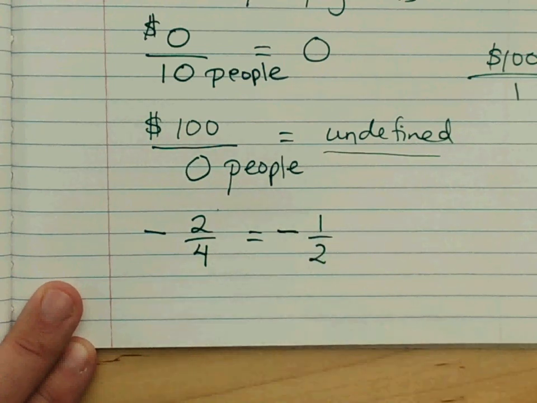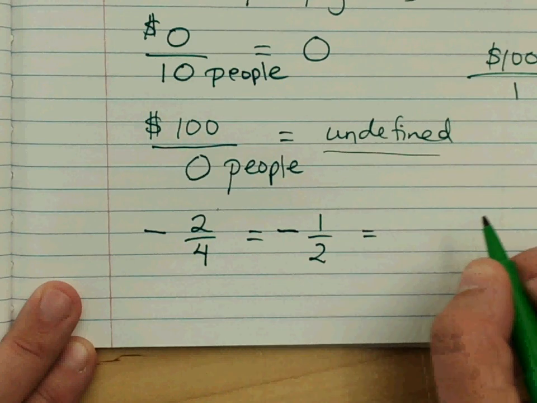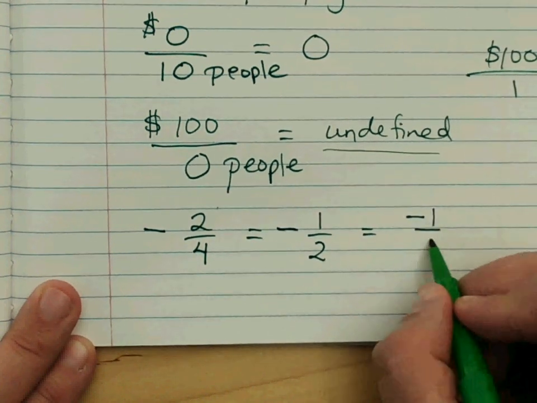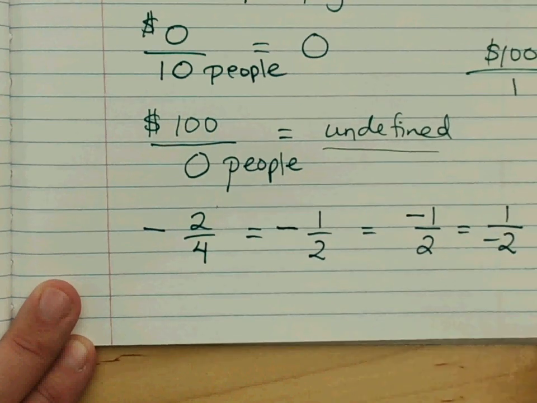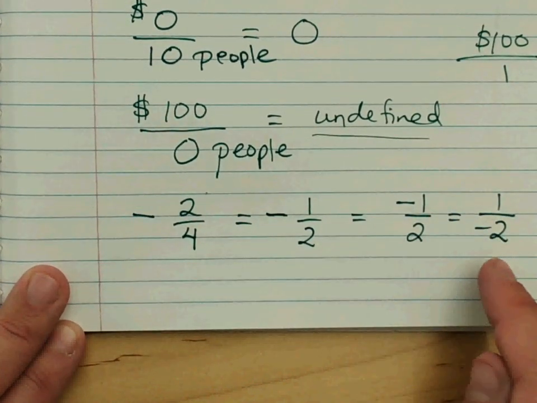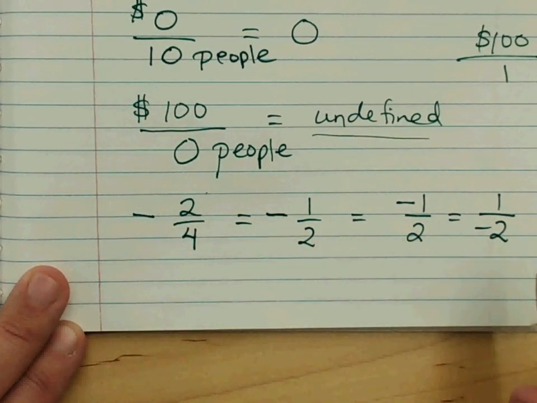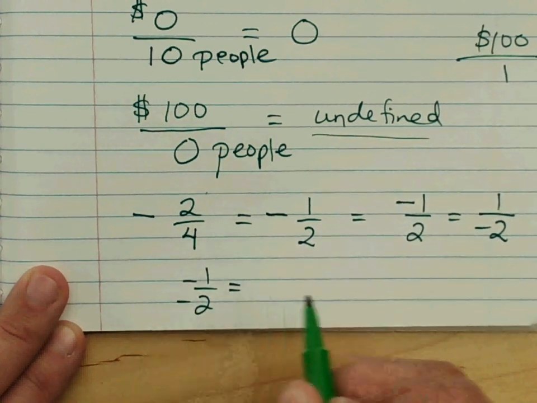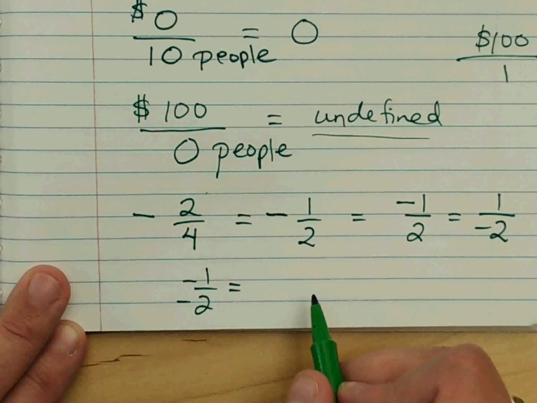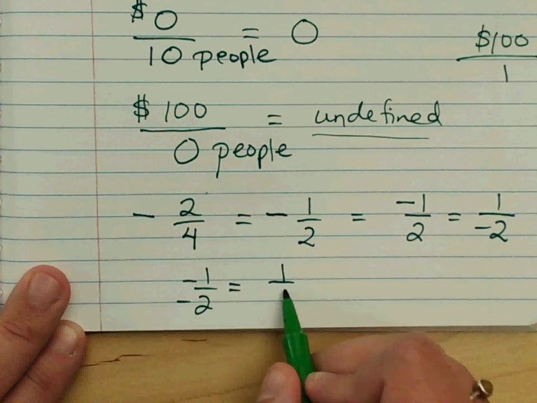What about the fraction is negative, the numerator, the denominator, or both? It's actually the numerator or the denominator could be negative, but not both. Because what would negative 1 divided by negative 2 be? A negative divided by a negative is a positive 1/2.